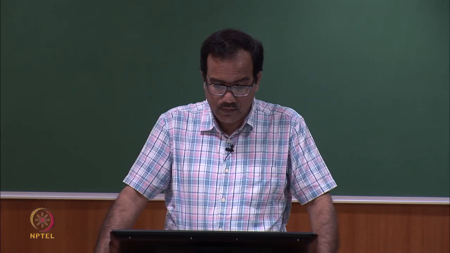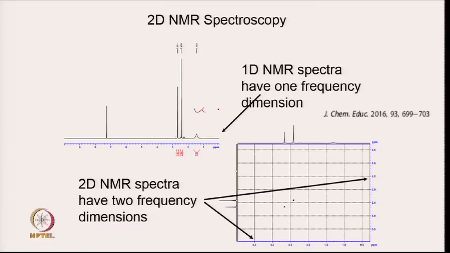So, 1D NMR we have already seen. In 2D NMR there will be two dimensions, one dimension can be proton, the other dimension can be proton or carbon. If you are particularly working with organic compounds, then people try to look at the correlation between proton and carbon.